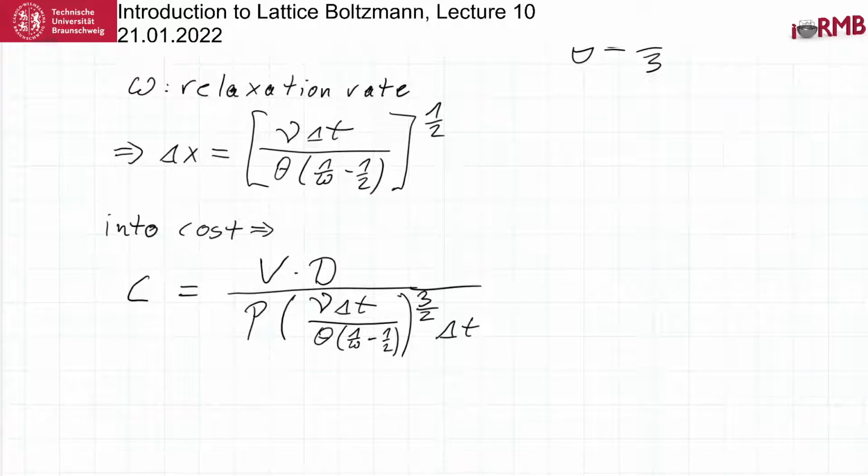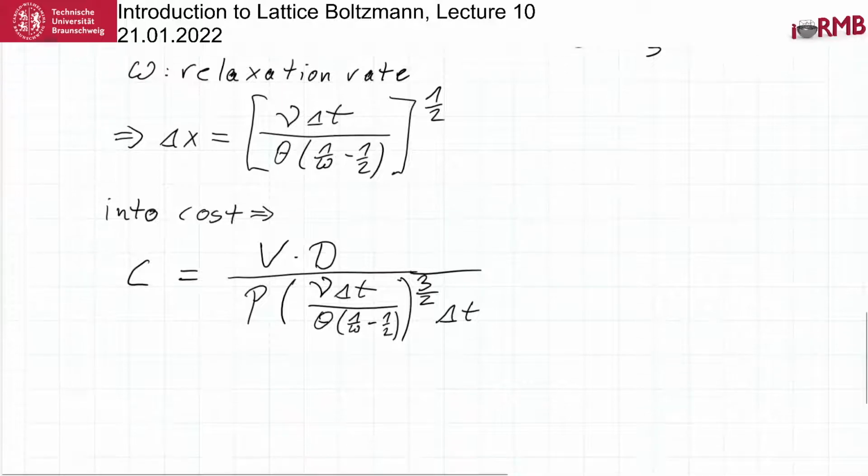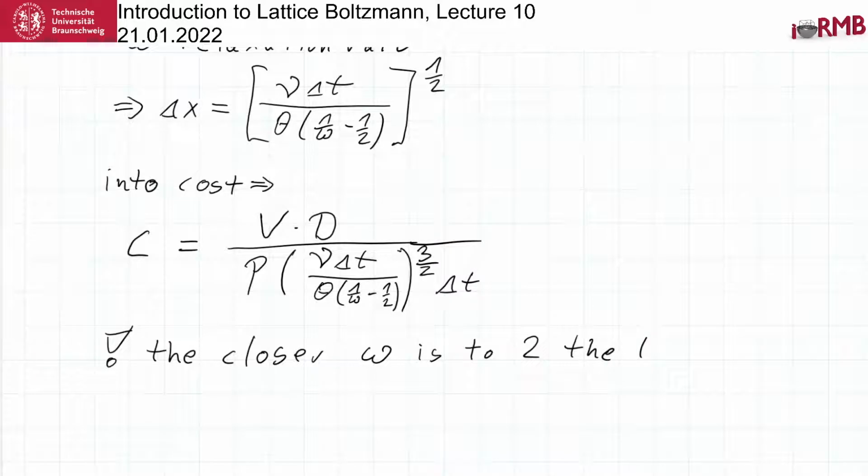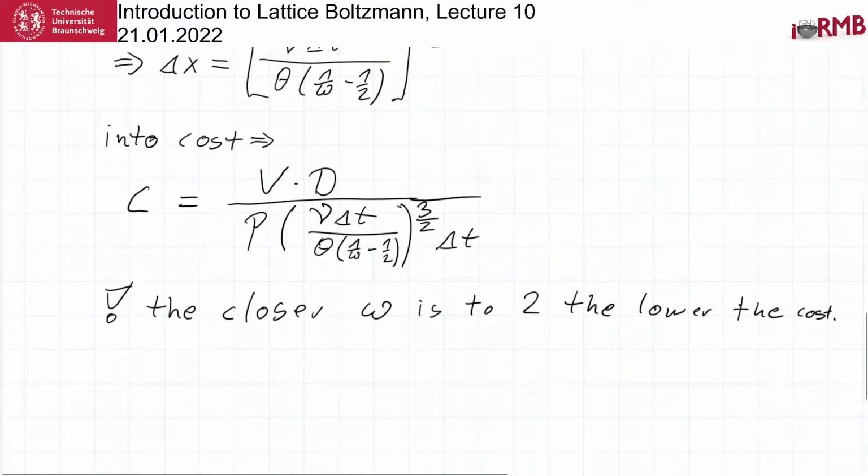So the closer omega is to 2, the lower the cost. Okay, so we want to get omega close to 2.